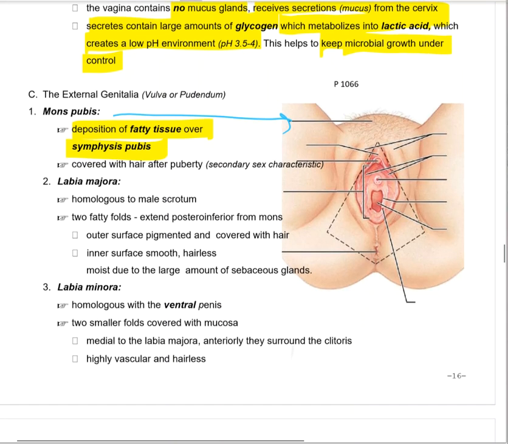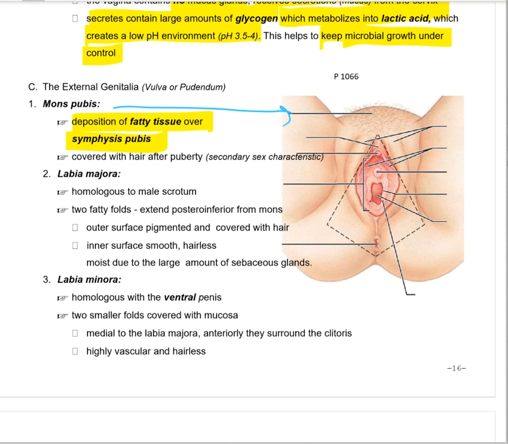And then we have the labia majora and the labia minora. One thing that we like to have you think about is that at one stage during fetal development, the fetus is neither male nor female.